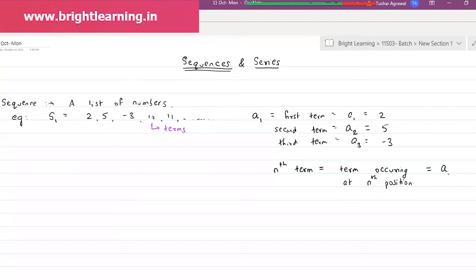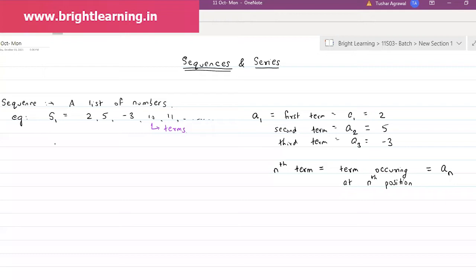If n equals 3, it means the third term at the third position, which is negative 3 in this example. The fifth term is the term at the fifth position, 1, 2, 3, 4, 5, so that is 11. So this is the meaning of nth term, An.